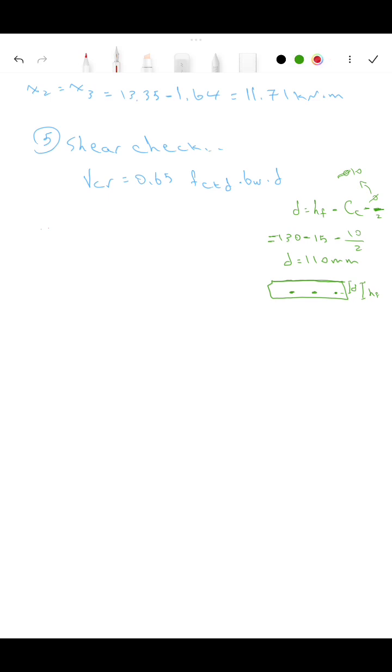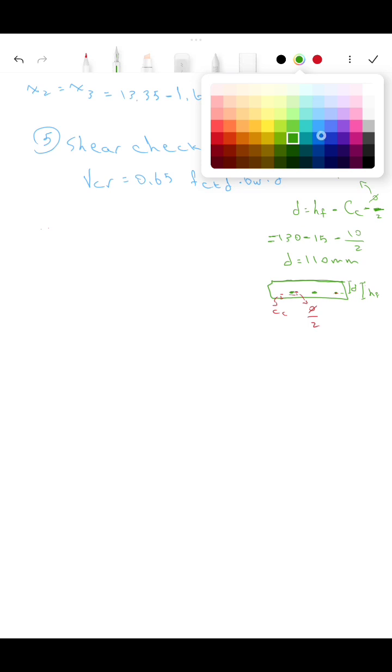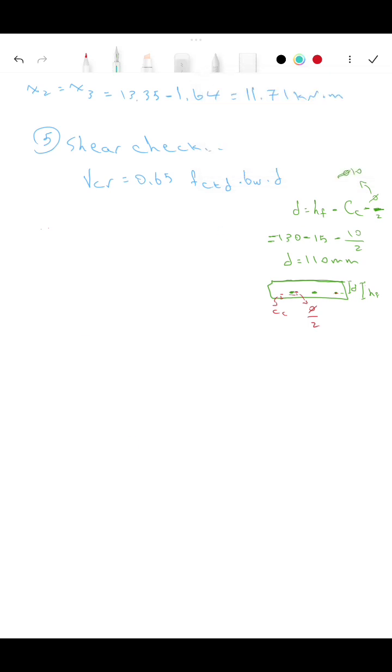This space from here to here is the clear cover, from the surface of the steel bars, and from the middle of the steel bar up to here we calculate half of the steel bar. And this is how we calculate the D, because the D is from the middle of the steel bars up to the top. That's why D equals the HF, the whole total length, minus the clear cover minus half of the steel bars. After that, we get the VCR.